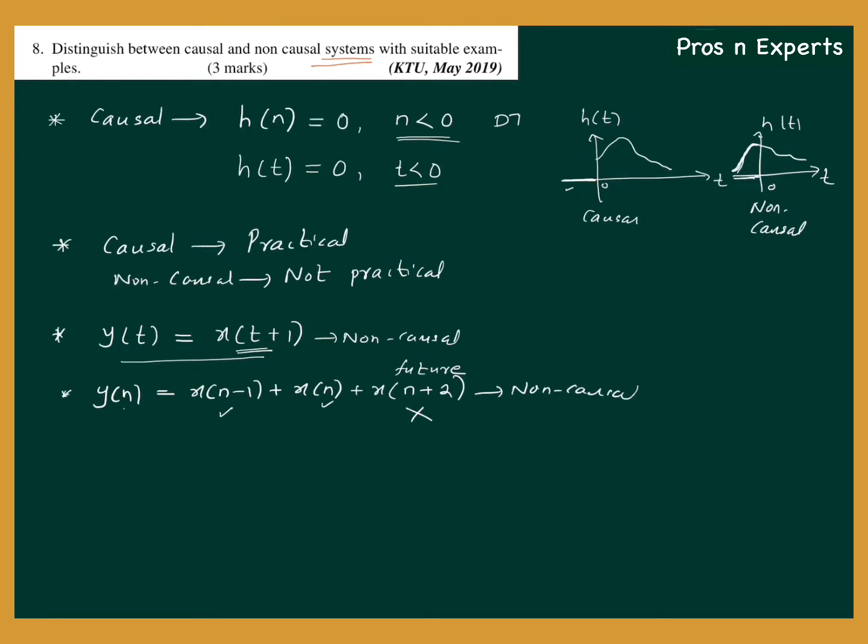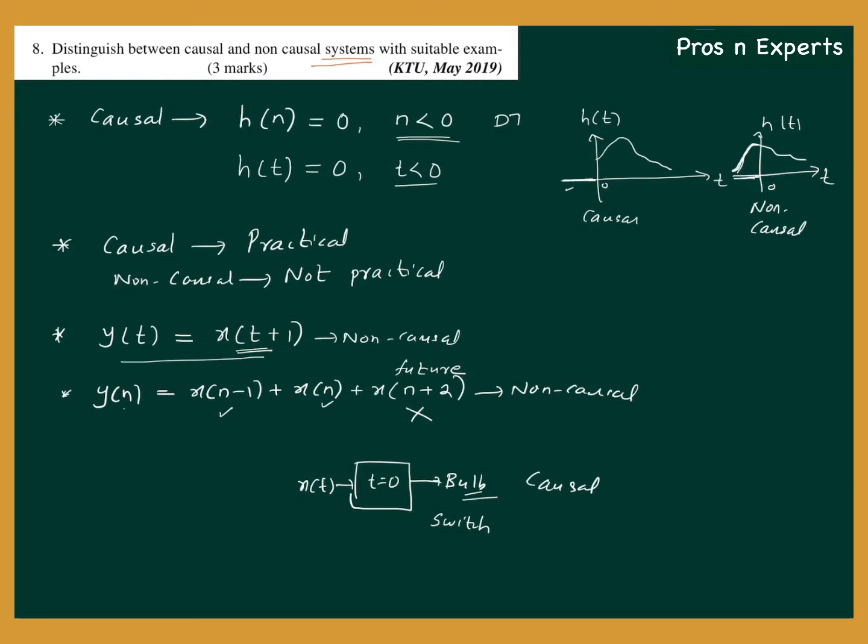A very simple example is a switch. When you switch on a bulb in your room at t equal to 0, the bulb glows. The bulb glows when you give the input at t equal to 0. That is a causal system, no problem. But if the bulb glows even before you switch it on, what does that mean?